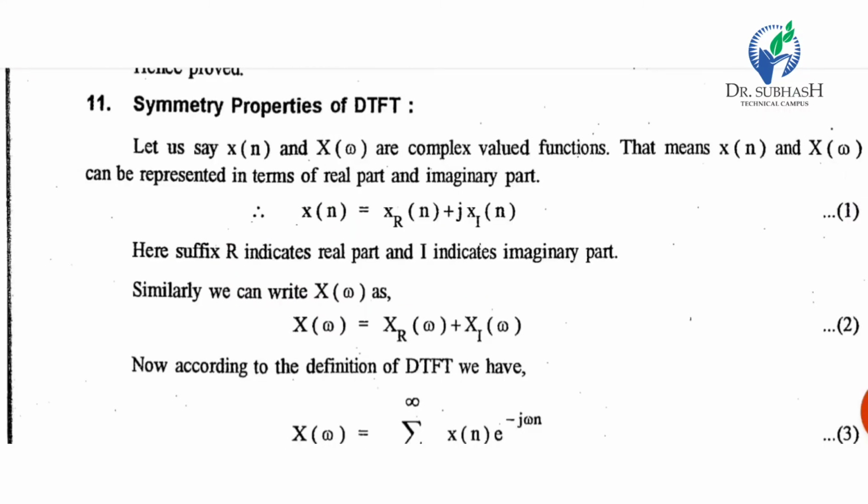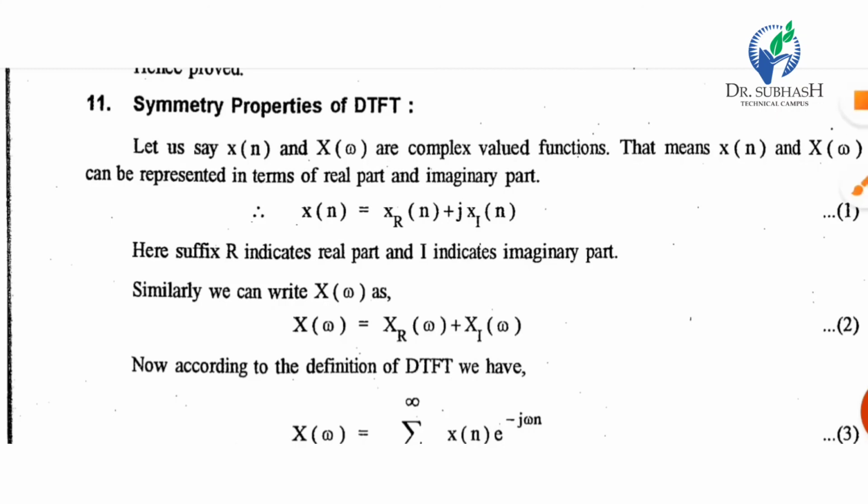For the symmetry property of the DTFT, let us say x of n and x of omega are complex valued functions. That means x of n and x of omega can be represented in terms of real and imaginary parts.